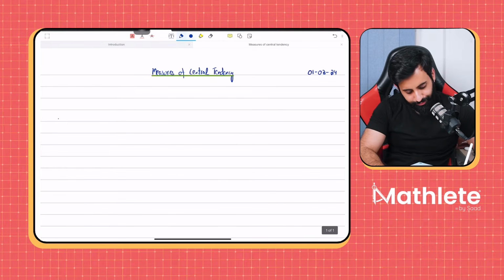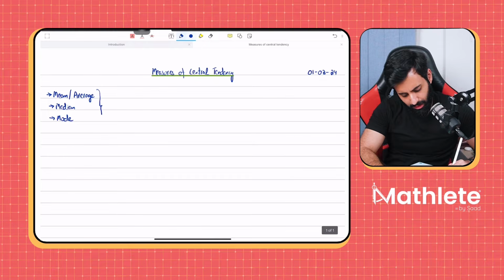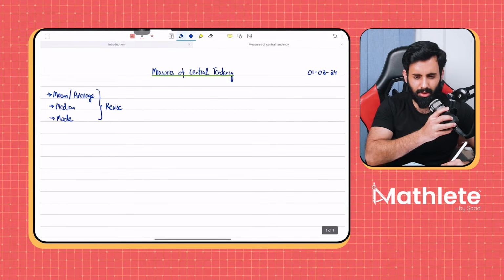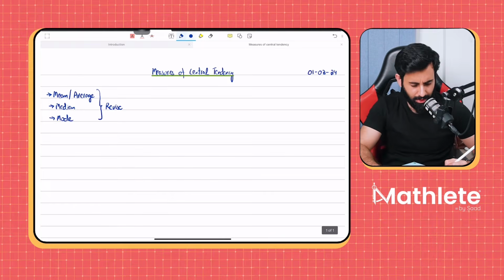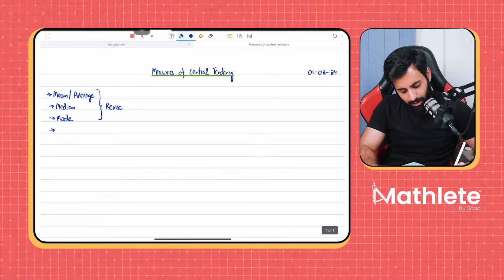So what are we going to do in this? In this, we're going to do mean, which is basically average. All right. We're going to do median. We're going to do mode. Now, all of this, we are going to revise actually. Why? Because this is something that we have done in O levels and IGCSE as well. What's new will be variance.